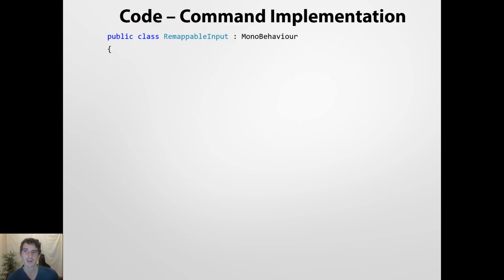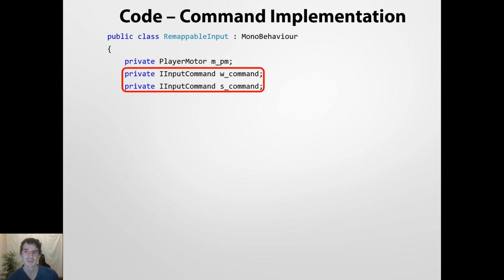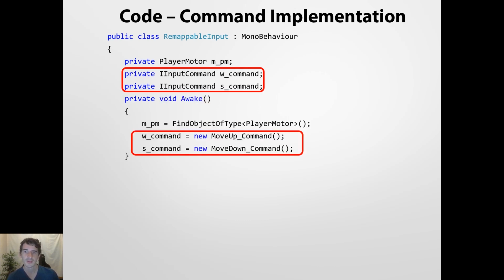Next, let's look at the input commander, or whatever you want to call this class. We've got a few instance variables. One is the player motor, and then we've got those two commands. And as you can see, those commands are not the move up or move down command. It's just the interface IInputCommand. So this is the layer of abstraction that's put in here.